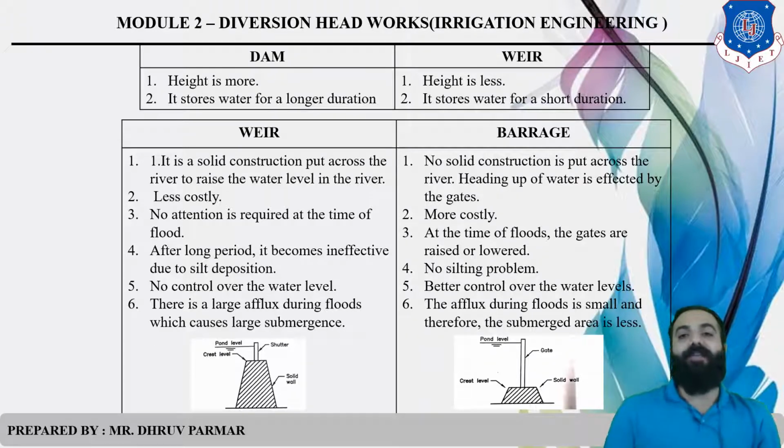And what is the difference between weir and barrage? A weir is a solid structure put across the river to raise the water level.